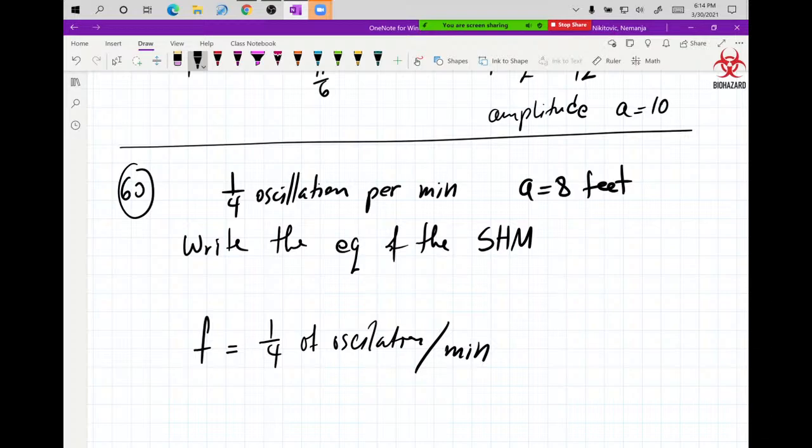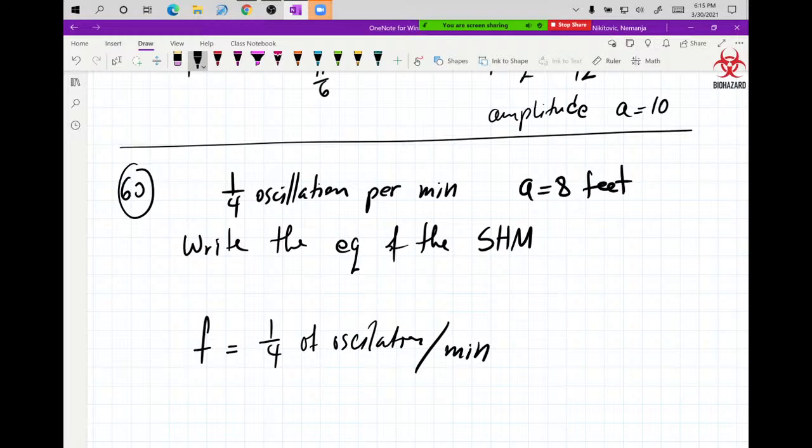Would anyone like to take a shot at answering this question and the meaning of it? Nothing? 1/4 of an oscillation in the whole minute.